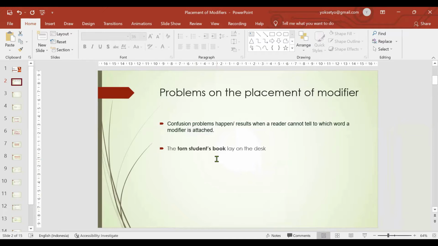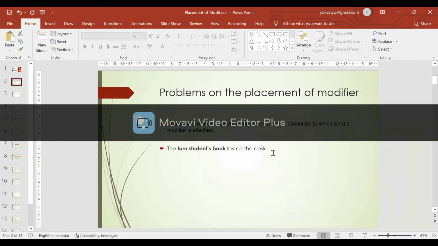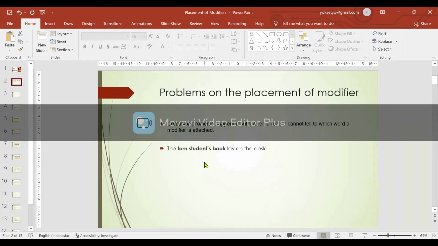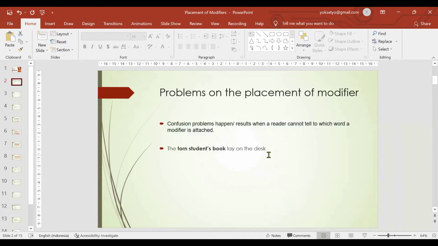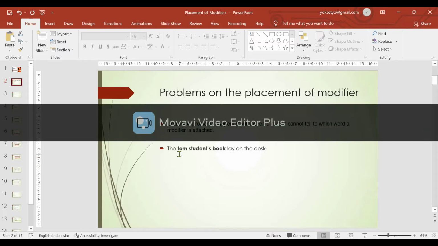So look at the example. The tone student's book lay on the desk. What is the problem with this sentence? Especially the modifier. Look at the bold part of the sentence.